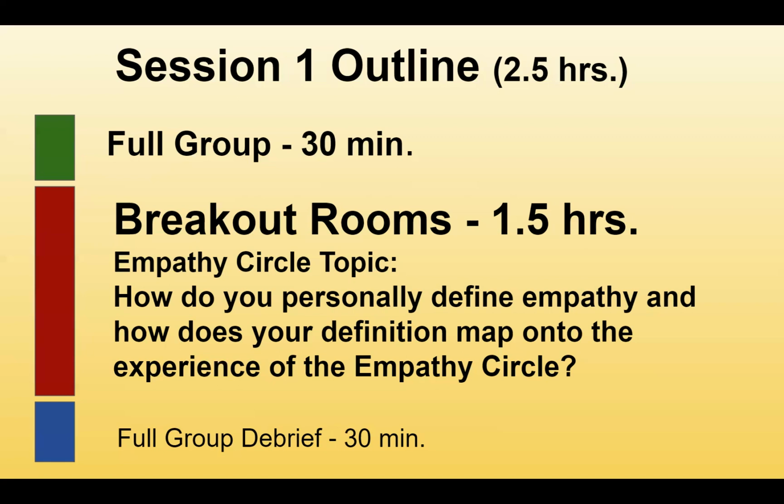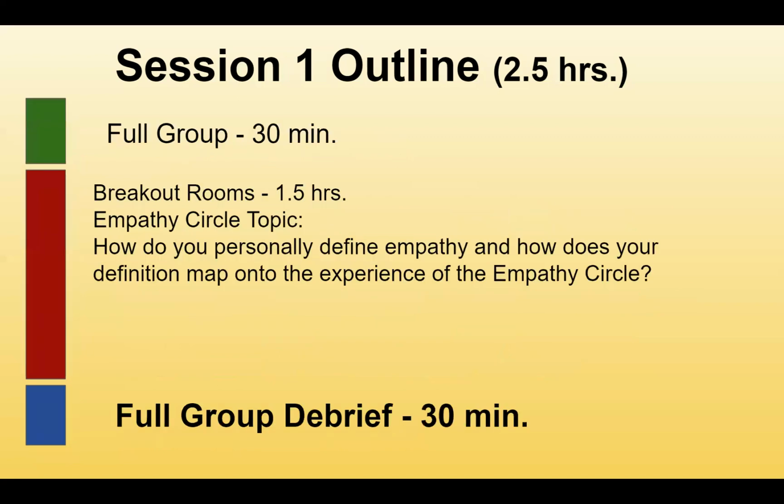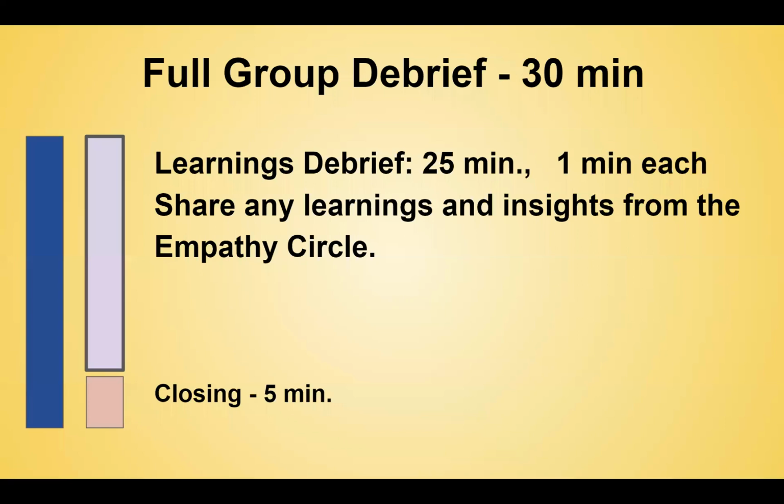Then once we've done the empathy circle, we come back into the full group, and then we have the full group debrief, which is about 30 minutes. You can see down here, we go into that, and then we'll give you a little bit of the details here. We do just have a learnings debrief.